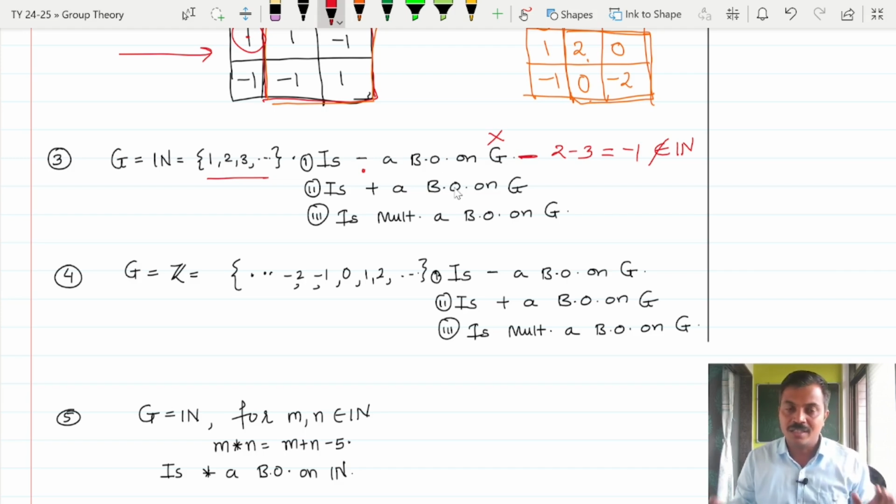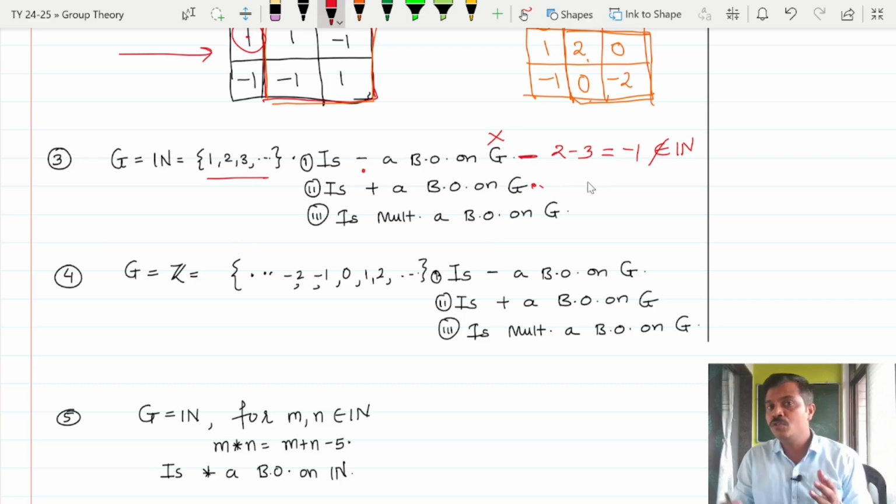And if, after taking any two elements of the set G, whatever operation is given, you perform that operation on those two elements, and again you get an element of the set G, then that operation will be called a binary operation. For example, let us talk about the operation plus on the set of natural numbers.